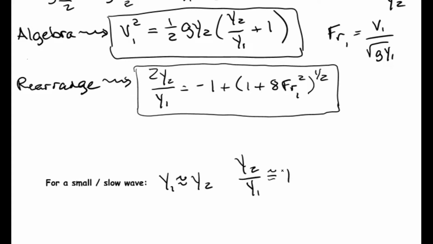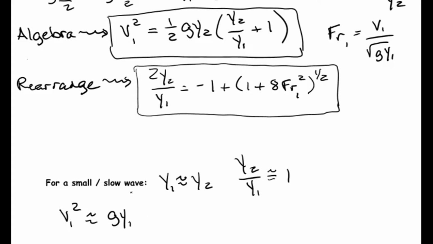So we could plug in 1s here for our ratios and rearrange. And what we're going to get is V1 squared is about equal to g y1.